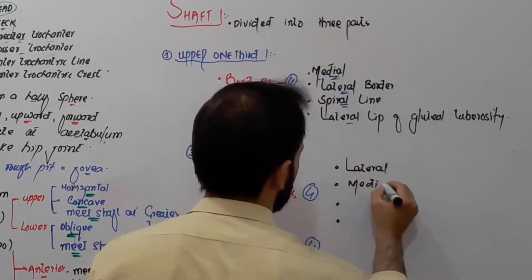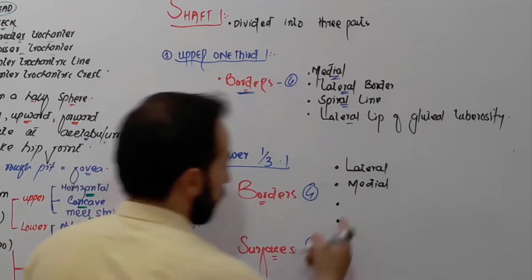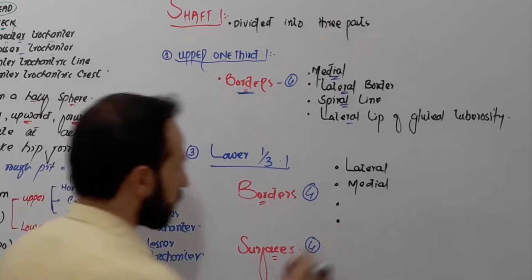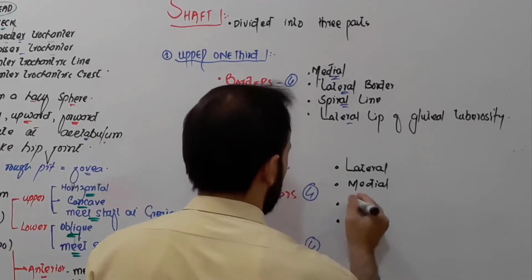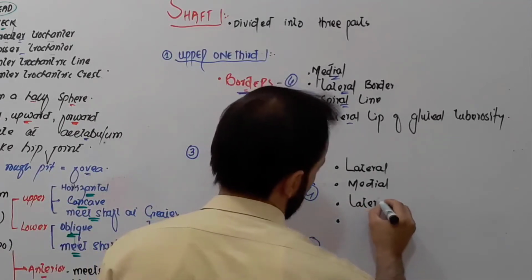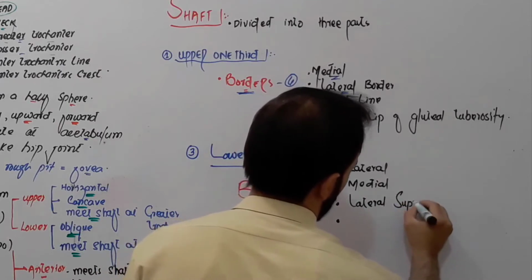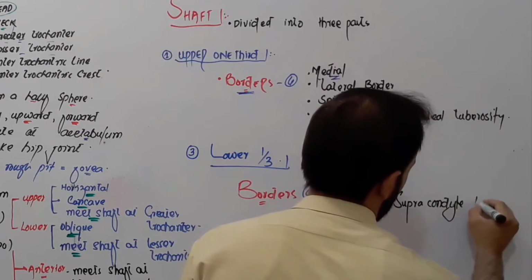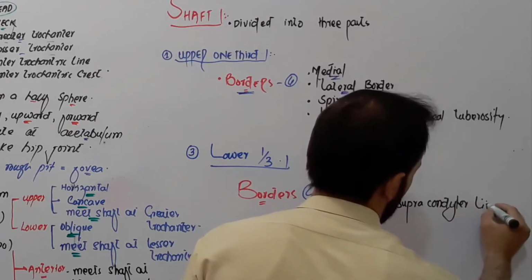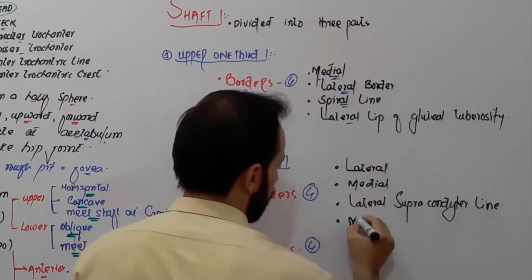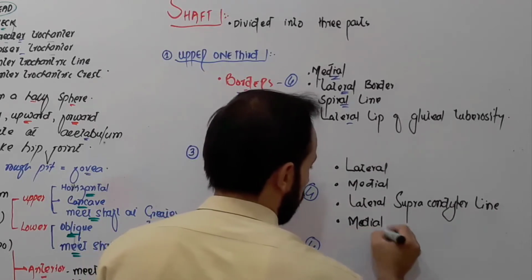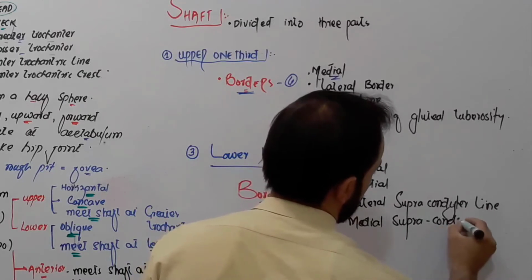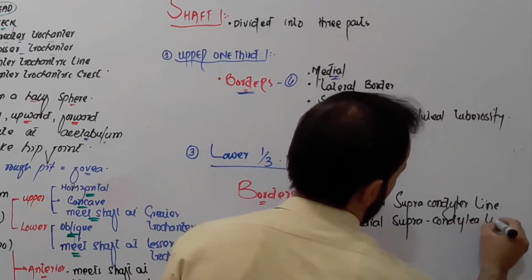I will show you in the bone. Then there is the lateral supracondylar line, and then there is the medial supracondylar line.